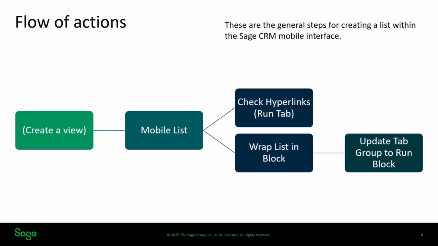This is the general pattern that we need to follow if we're going to add a custom list into the mobile interface. We start by checking that the view has all of the context information that we'll need.